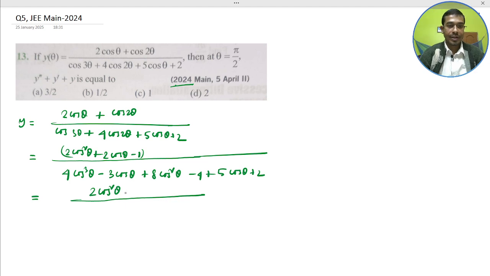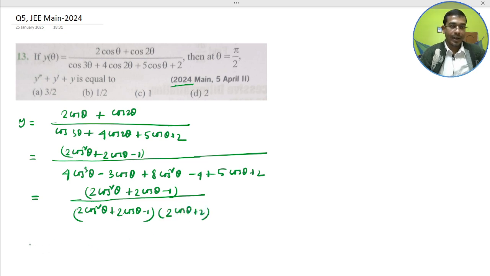So 2 cos square theta plus 2 cos theta minus 1, and the denominator 2 cos square theta plus 2 cos theta minus 1 within bracket, and another one 2 cos theta plus 2.